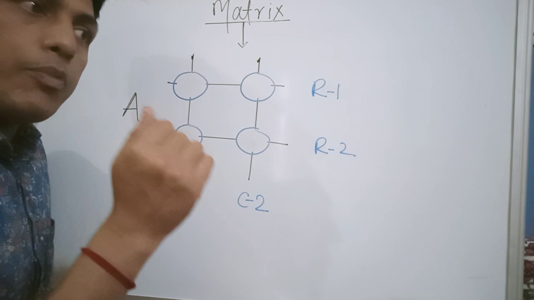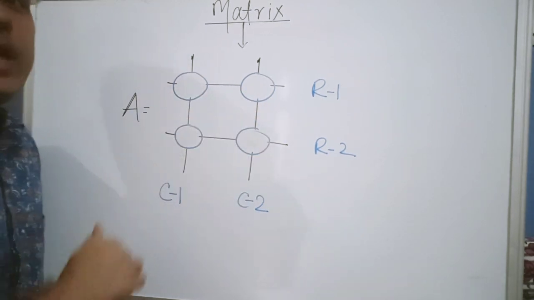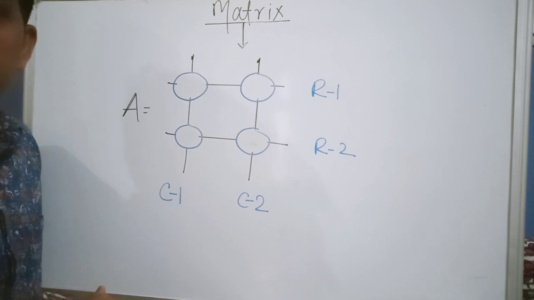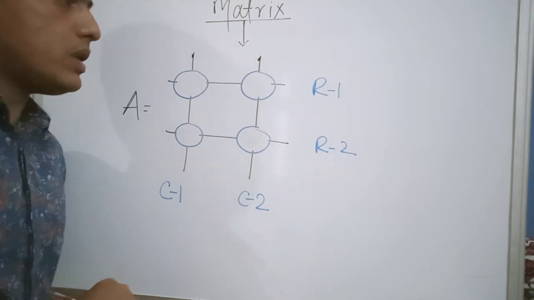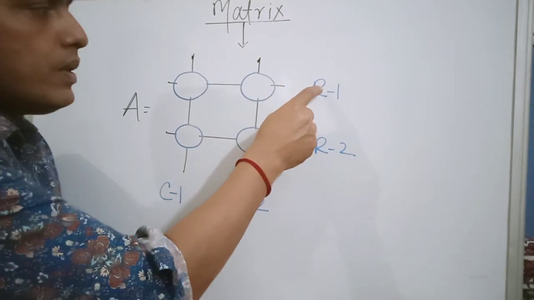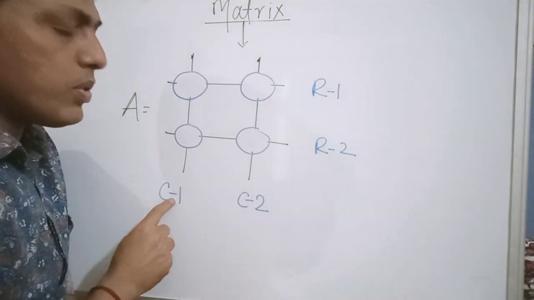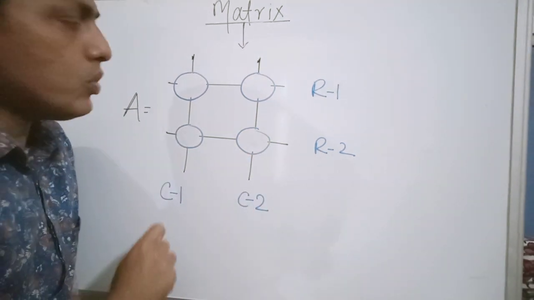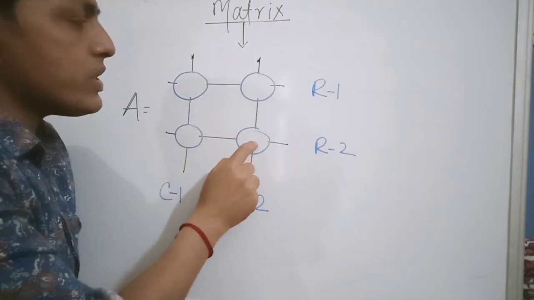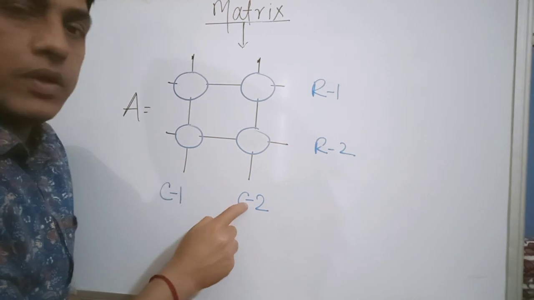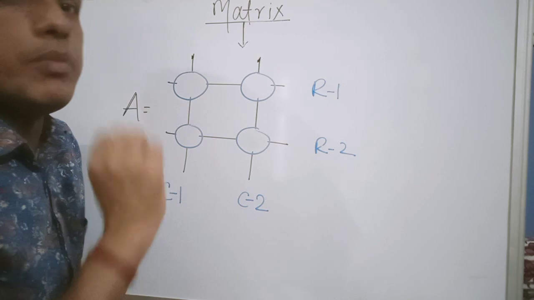Okay. So now we have come to the situation where I have to represent the matrix in a better way. Alright? So better way means what? Row number 1, row number 2, column number 1, column number 2. These are the points of intersection of rows and columns, means where we have to put the elements.